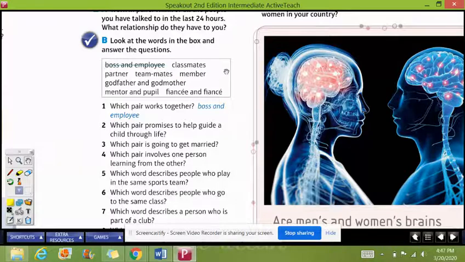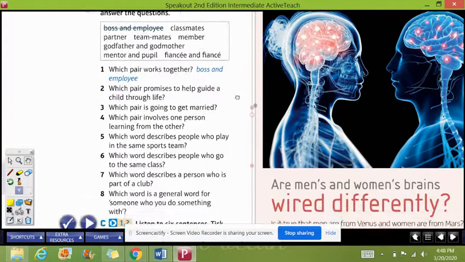Now, let's continue. We have classmate, partners, teammates, members, godfather and godmother, mentor and pupil, and fiance and fiancee. Okay, so these are all the words in the box. You have to figure out and match them with the questions that you have right here at the bottom.